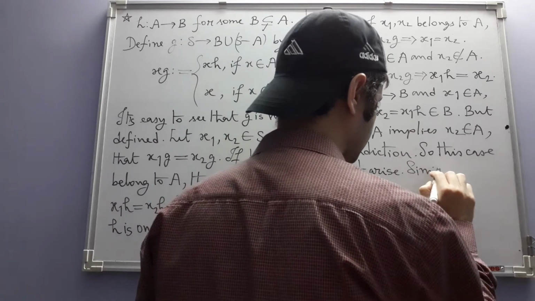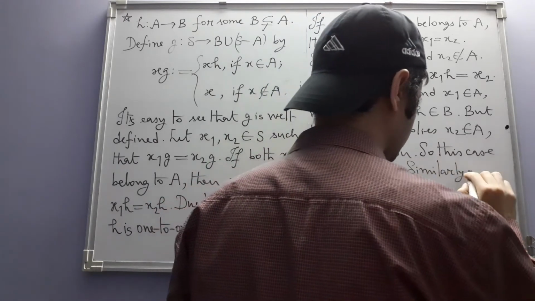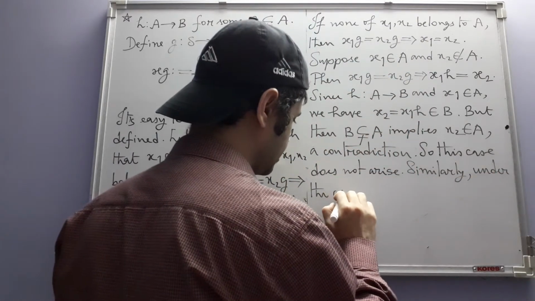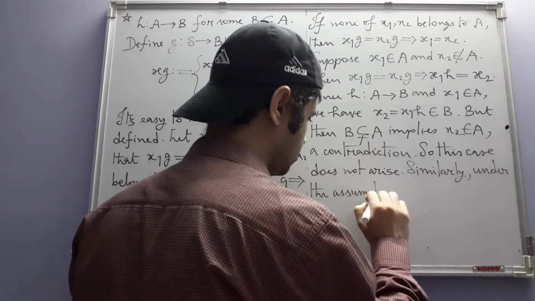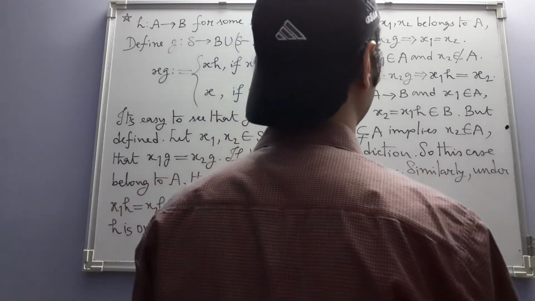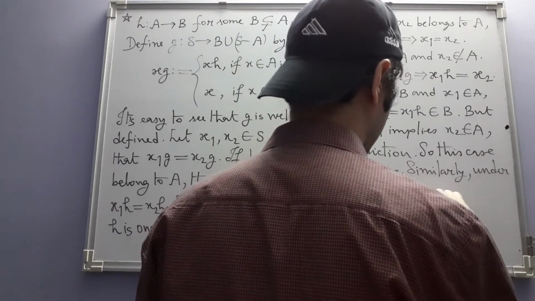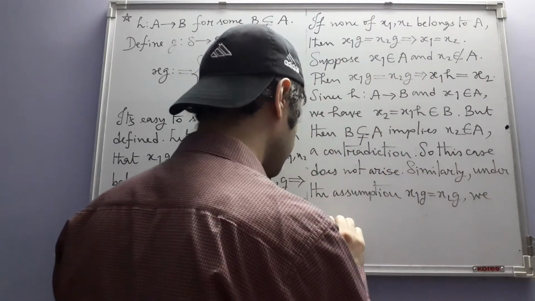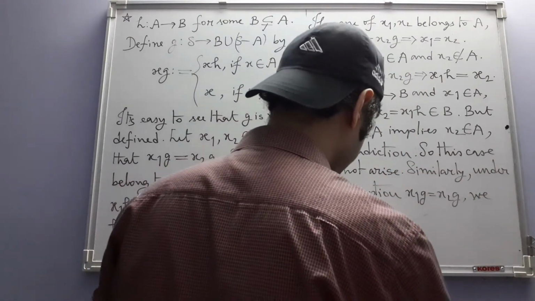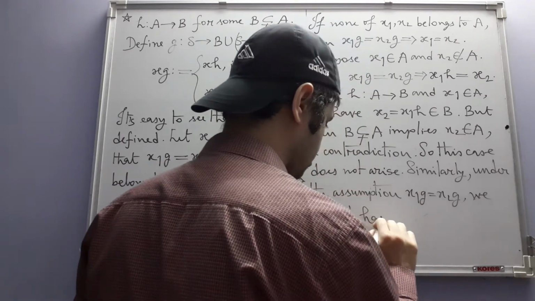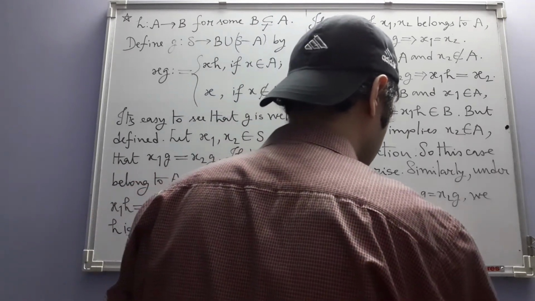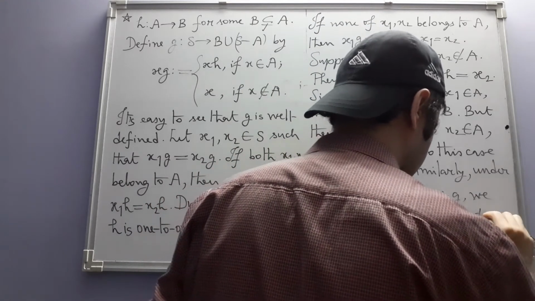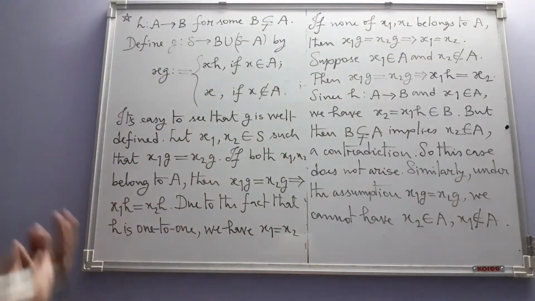Similarly, under the assumption that x1g is equal to x2g, we cannot have x2 belongs to A and x1 not belonging to A. That case will also not arise.